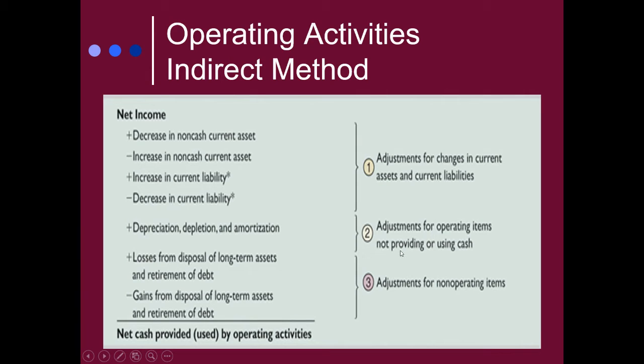If you want to start with the third category, that is also not wrong. It depends on you, because at the end you will still get the same amount. But we do not jumble up the items. Usually when we do the deduction and the addition, we categorize them according to the groups.